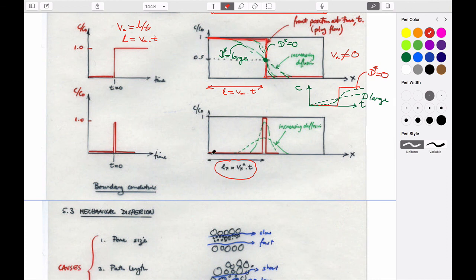Then you can do the same mental exercise to think about what the distribution would be in the core. So in the core, at some time t, it's traveled this far downstream. It looks like it's been turned on at the front. It's been turned off at the back as it's gone out. And if it's plug flow, it would be this red distribution. If you have dispersion, then this case here would be the solid line.